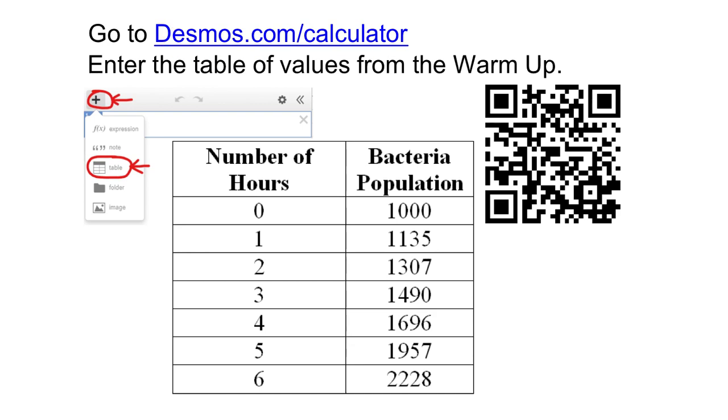Once you're in there, you want to go to the plus sign and select table. Then you can start inputting your data. Use number of hours for the X variable and bacteria population as the Y variable. So you can pause the video and take a minute to create your table of values. So pause the video and try that on your own.